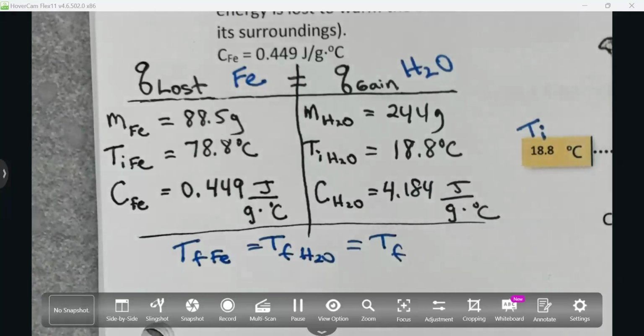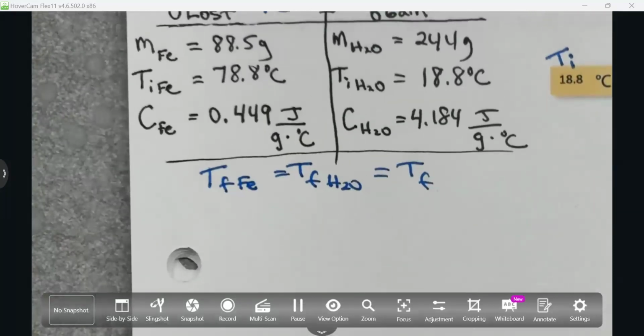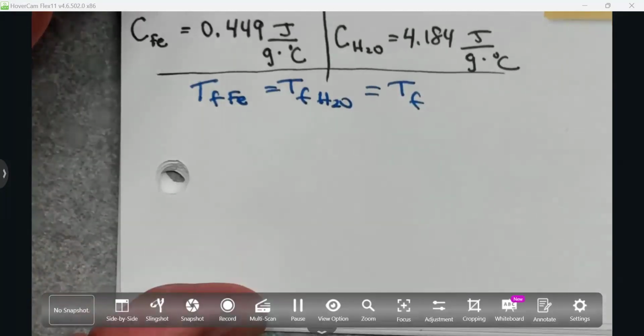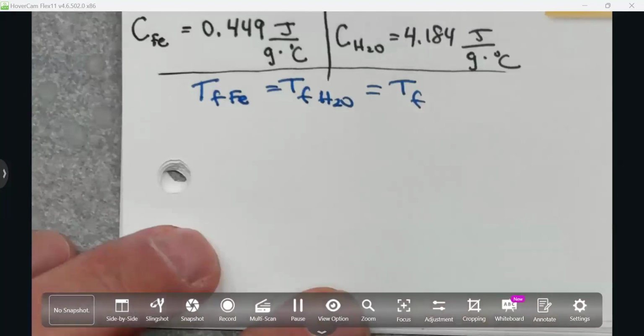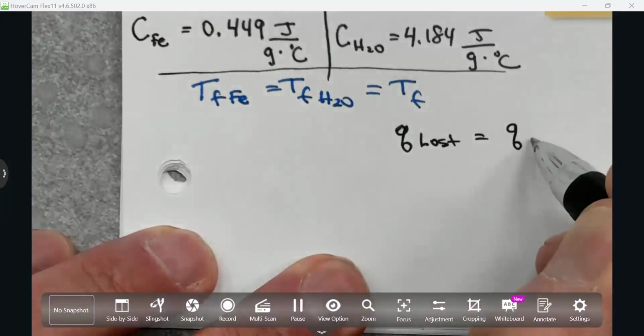We are looking for our final temperature. So let's do that right here. We're going to go Q lost equals Q gained.